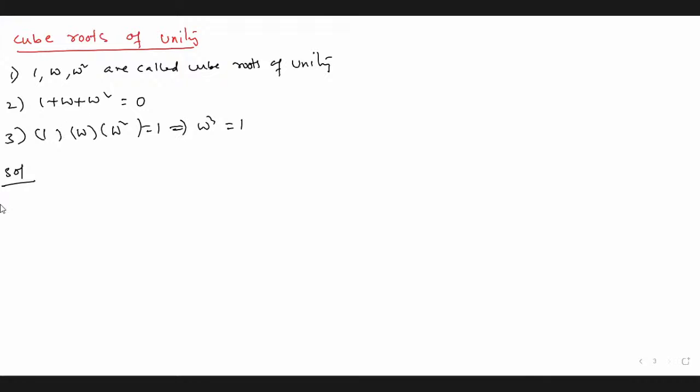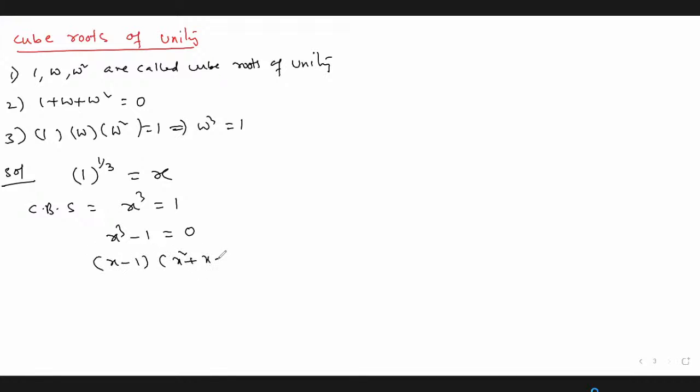Now observe. What is called the cube root of unity is nothing but 1 power 1 by 3, whose value you don't know. So you consider this one as x. Cubing on both sides, we get x cube is equal to 1, right? Now x cube minus 1 is equal to 0, so x minus 1 into x square plus x plus 1 is equal to 0. Now x minus 1 is equal to 0, x is equal to 1. Now x square plus x plus 1 is equal to 0.